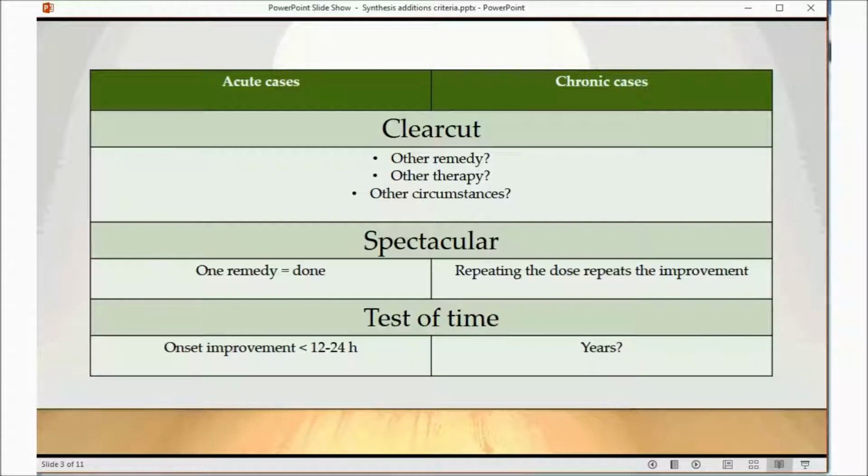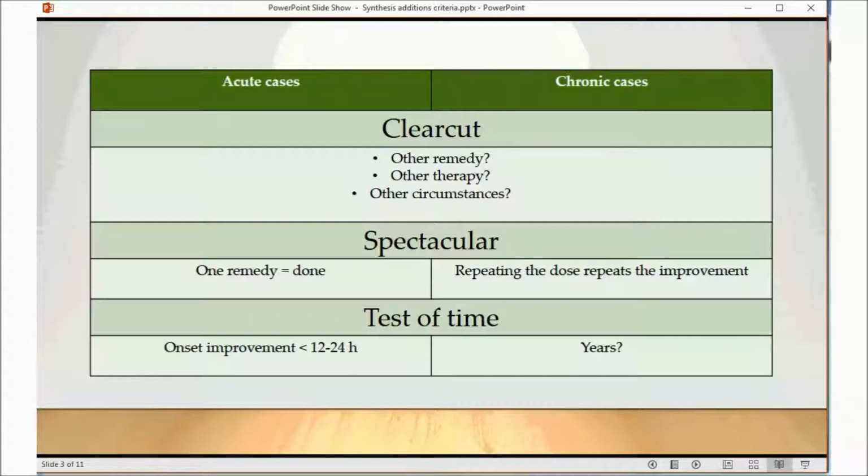In a chronic case, it's a little bit different. The nicest way to know that the remedy is responsible for the improvement, and not circumstances, placebo effect, etc., or a nice conversation, as some of our enemies say, that the homeopathic improvement is due to nice, long conversations, is in fact the repetition of the dose.